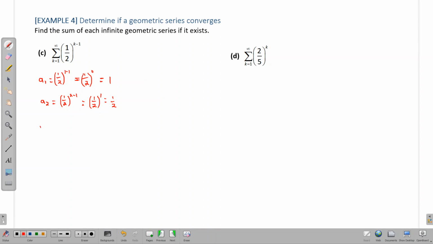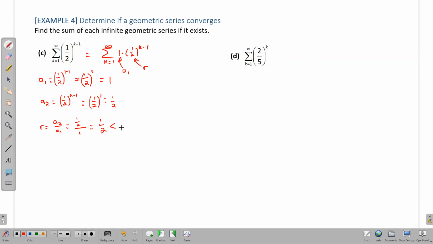So then r would be found by taking the ratio a2 over a1, which would be 1/2 over 1, which in this case is just going to come out to 1/2. This one is pretty much already in the right form. There's an implied 1 in front of that. You could think of this as 1 times 1/2 to the k minus 1, where k equals 1 up to infinity. So here is a1, here is your r.